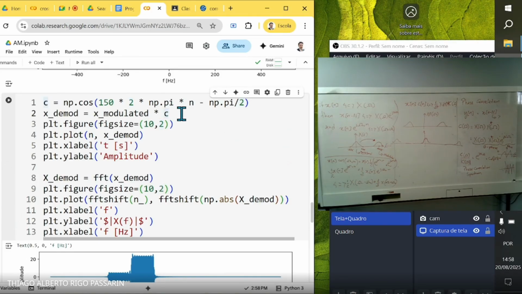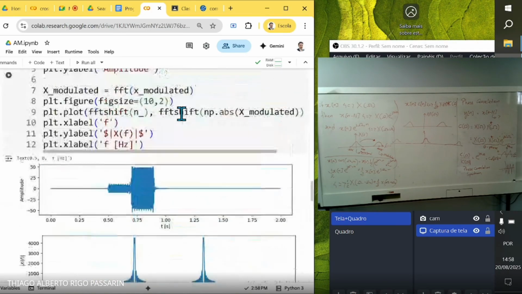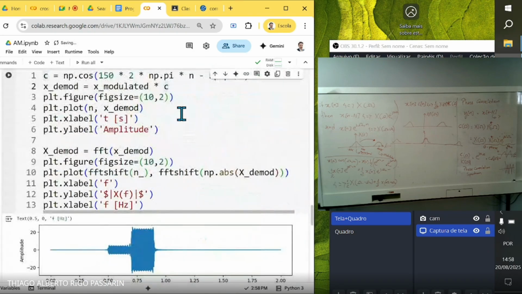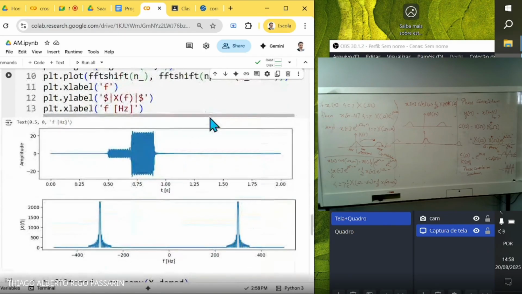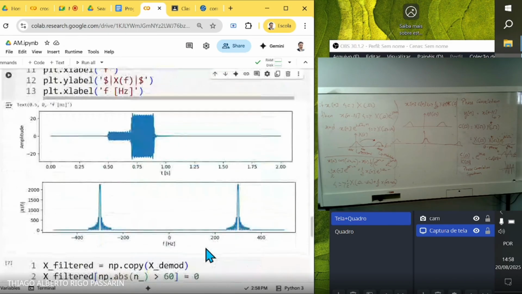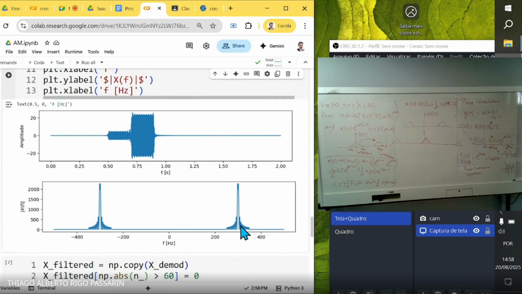Modulated times C. So here's X modulated, demodulated. Okay. I have already twice the frequency. Here's 150, here's 300. But why don't I see this copy here?